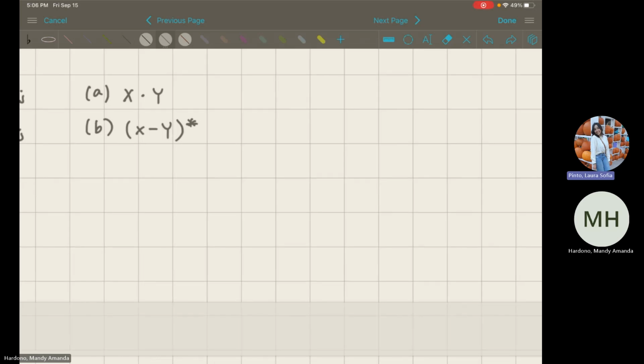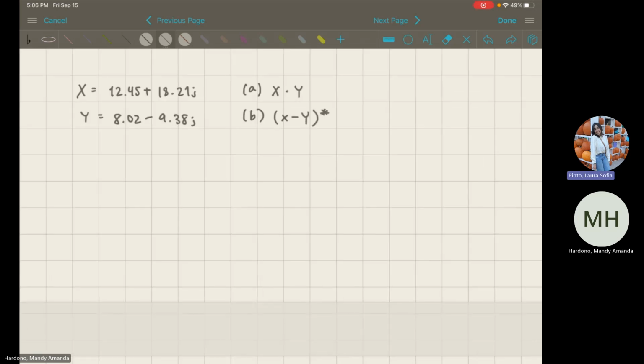Okay, so what should we do first for part A? Convert to polar. And how do we do that? So find R, the square root of 12.45 squared plus 18.2 squared.